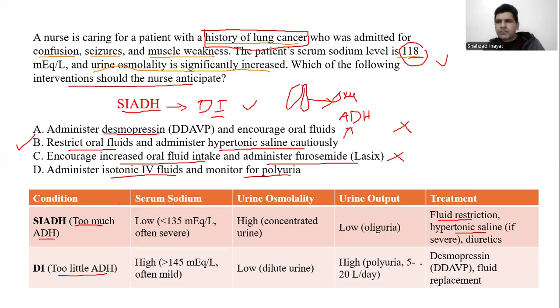And then what is the treatment? We need to give them synthetic desmopressin. We used to give it as a nasal spray to those patients. And then we need to replace fluid.